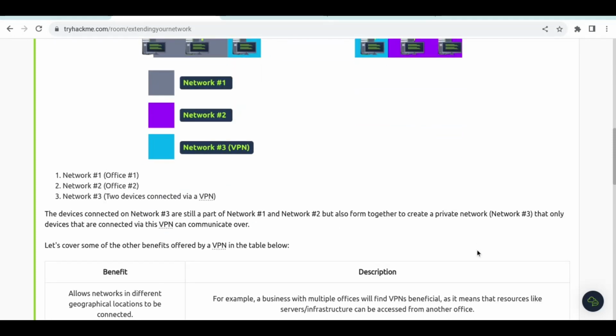The devices connected at Network 3 are still a part of Network 1 and 2, but also form together to create a private network, Network 3, that only devices that are connected via VPN can communicate over. Let's cover some of the other benefits offered by a VPN in the table below.